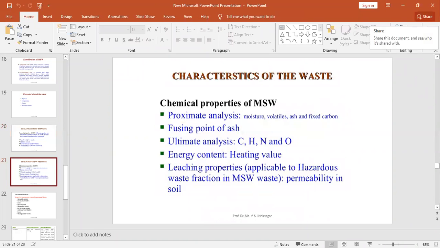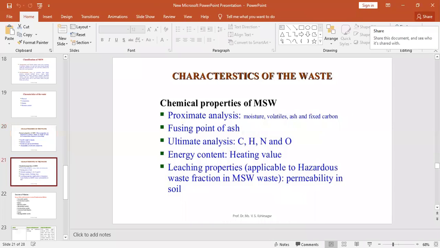Then we'll go to the next one, the chemical properties of municipal solid waste. In that, first is the proximate analysis. What is meant by proximate analysis? It is how much moisture content is there, what is the volatility, and the ash and carbon content of that municipal solid waste.